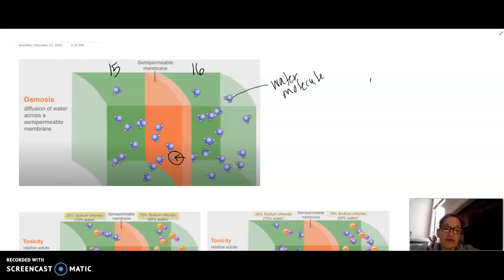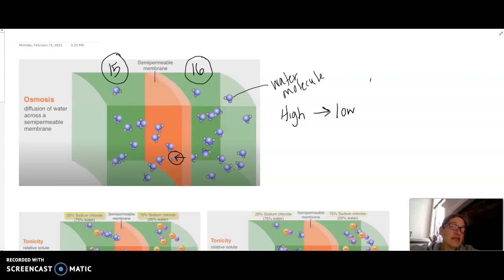Because water molecules, like all molecules, will move from high to low. So if you look right here, there are 16 molecules on the right side and there are 15 on the left. The goal of a molecule is to always reach equilibrium.